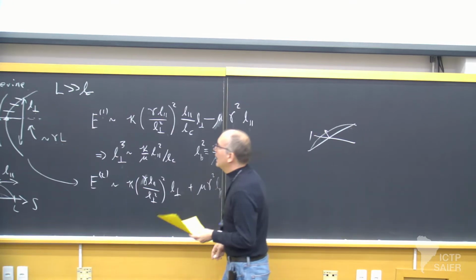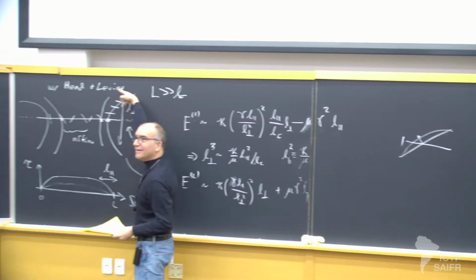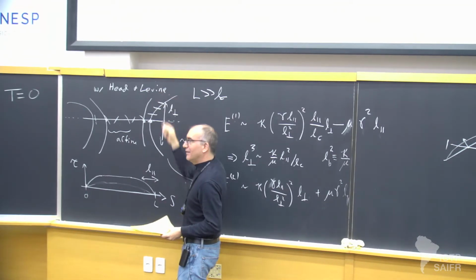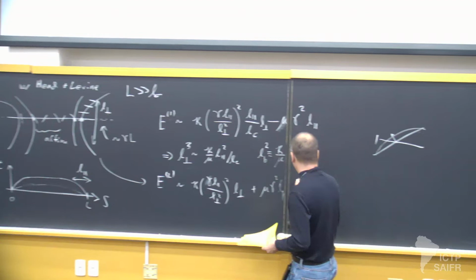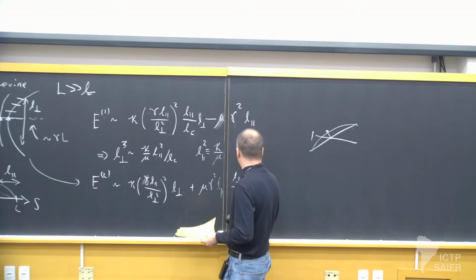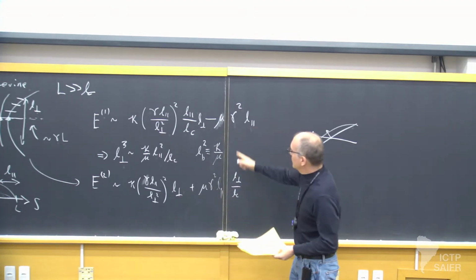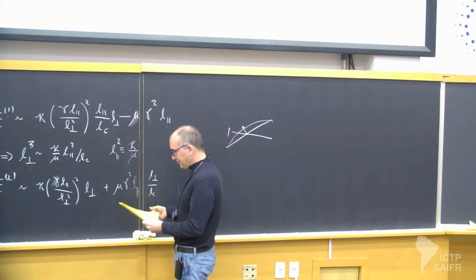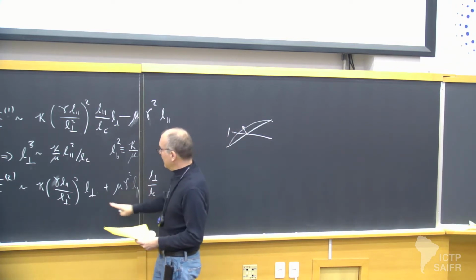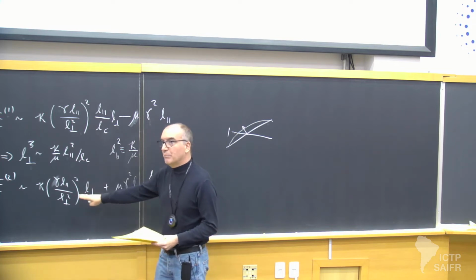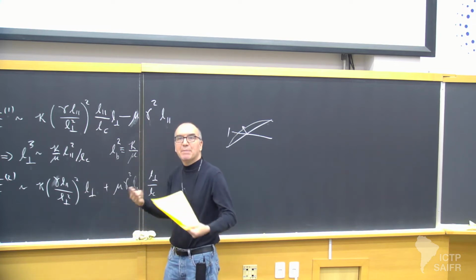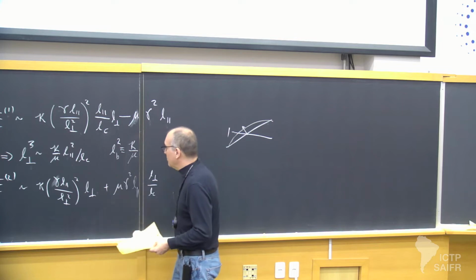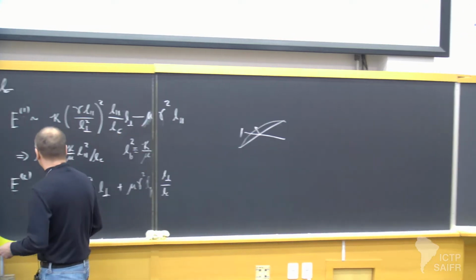But now, there are many of those, right? So that needs to be multiplied by the number of them, which is L perp divided by LC. So these are slightly different energies, but I can also look at where these 2 terms balance, so find a minimum. Where these 2 terms balance gives me another relationship for L perp.